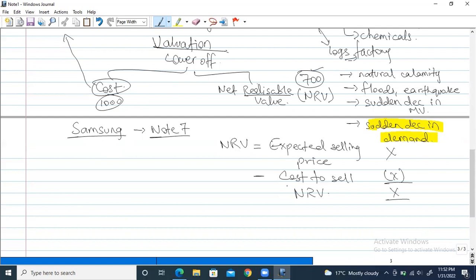So Samsung might have to incur some cost on extra marketing, extra advertisement in the whole world, right? Paying to stores as well, different kinds of markets, supermarkets, mobile markets. They might have to pay some agents as well, so that their units of the Note 7 mobile phone should be sold as soon as possible. Okay, so there are different kinds of costs.